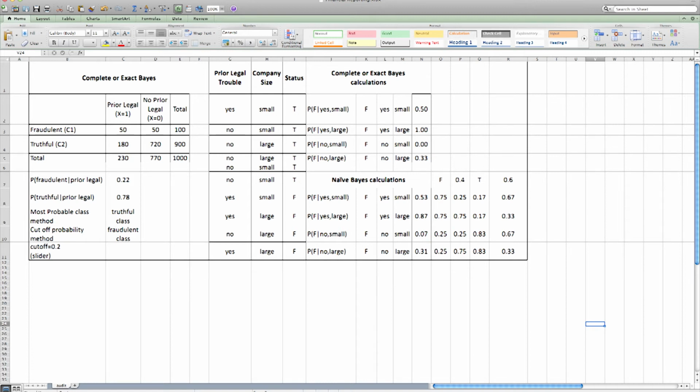So here this is x1, so x value as 0 means no prior legal trouble. Then we have whether the report was fraudulent or truthful.